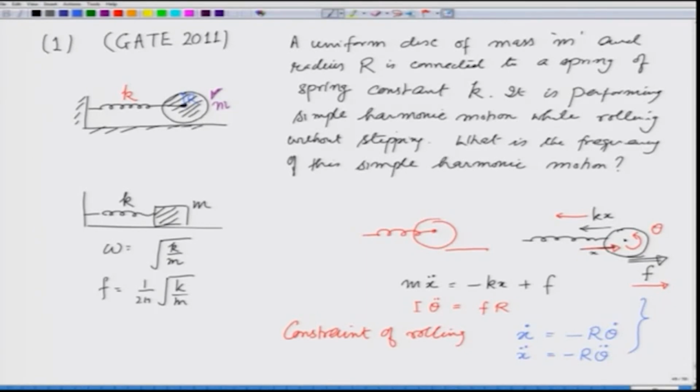So, we have these equations which I am going to write again: mx double dot is equal to minus kx plus f. Then I have I theta double dot is equal to Fr, which I am going to change because I for a uniform disk is m r square by 2, theta double dot is going to be equal to Fr, which gives m r theta double dot over 2 is equal to f.